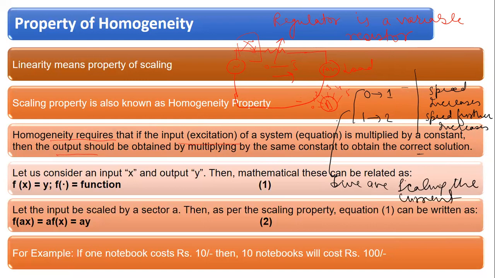And in the same proportion, basically, the speed of the fan is increasing. And similarly, when you decrease the resistance from 5 to 4, 4 to 3, 3 to 2, 2 to 1, 1 to 0, you are descaling the current. You are reducing the value of current in some constant proportion, right? And the speed will decrease in the same proportion. So this is what scaling is.